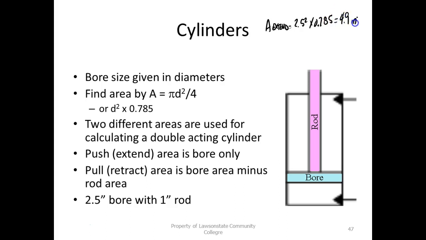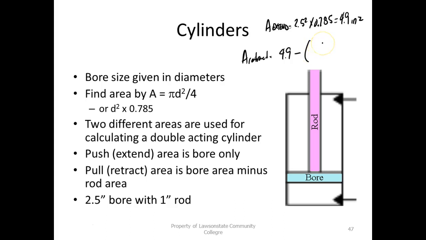5.9 square inches, right? Now what we're going to have to do to calculate our retract, so my area retract is going to be equal to the same thing, 5.9 square inches, right? Minus, and then I'm going to have to calculate the area of the rod.